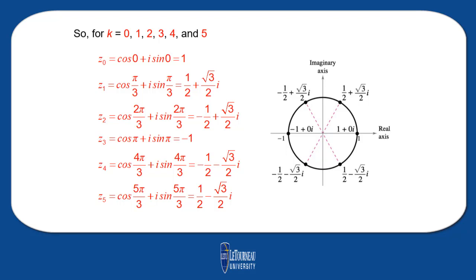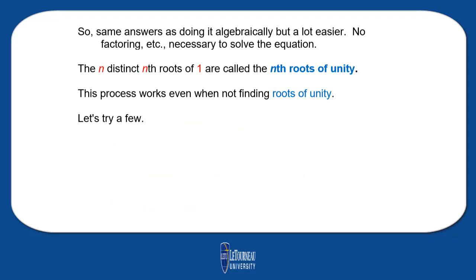Now, this is significant, and we're going to do some by hand in a few seconds. Please notice how they are equally spaced around the circle. Same answers as doing it algebraically, but a lot easier. Those were called the nth roots of unity.